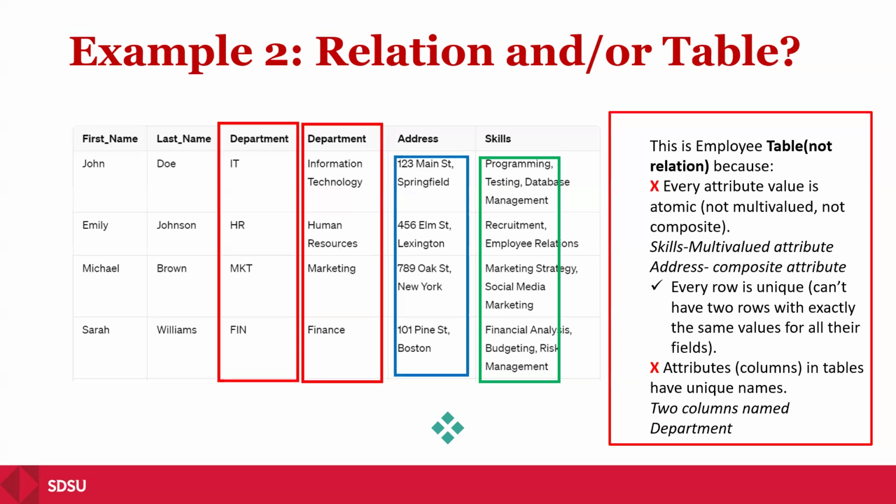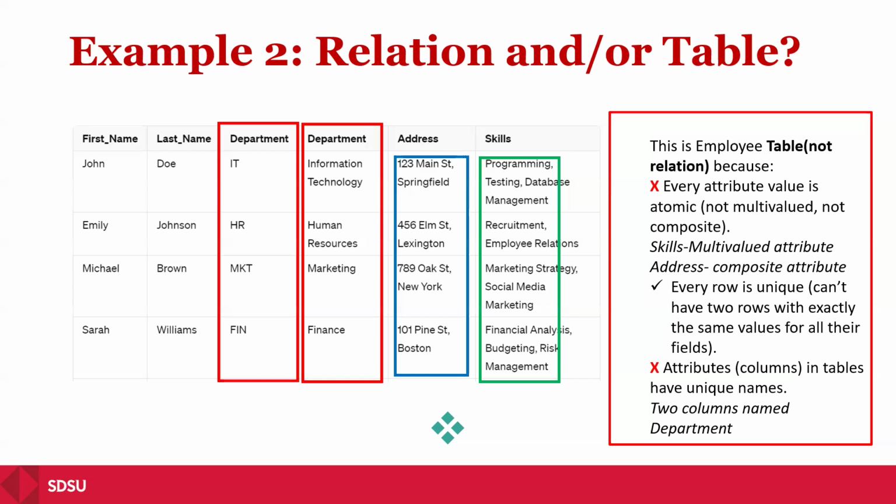First of all, we have multi-valued attributes and composite attributes here. For example, address is a composite attribute, so it has address and city. Skills is a multi-valued attribute. Both are not allowed in relations.